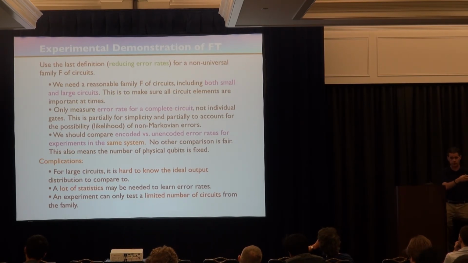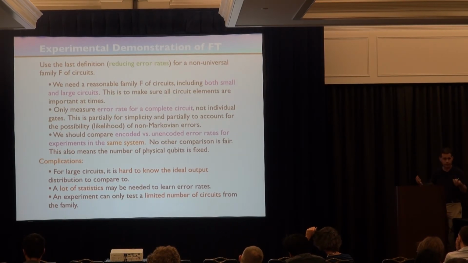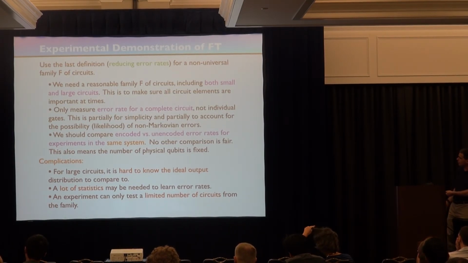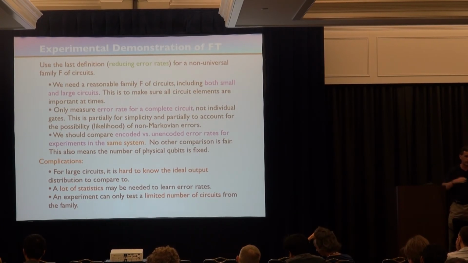It's going to have different error rates. You should do it in the same system, pick 2 qubits to use, and compare the error rate on that circuit to the one with the 5 qubits. So this means that you're not scaling different protocols to different sizes, anything like that. You're just fixing one particular code and size and looking at different circuits for that.